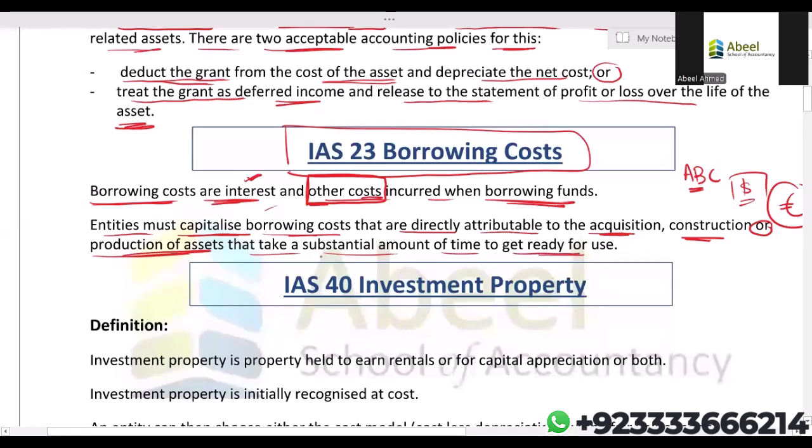Now, again, substantial amount of time. IAS will not tell you exactly how many months are a substantial amount of time. IAS has given us examples. Again, professional judgment comes here. Assuming we have taken a loan to construct a building, and that building is a qualifying asset, obviously it will take a substantial amount of time.